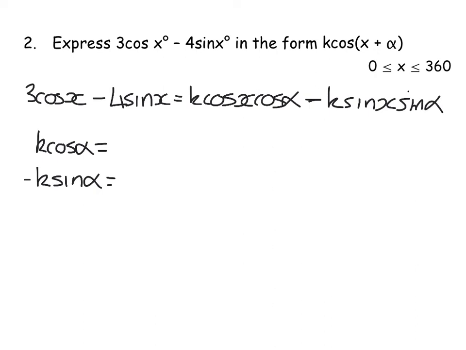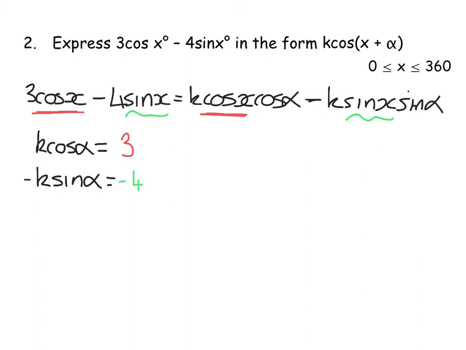Okay, underline a bit. So cos x is with cos, and cos x is with 3. So k cos alpha equals 3. If I do the sin bit, so sin x is with negative k sin alpha, and sin x is with negative 4.